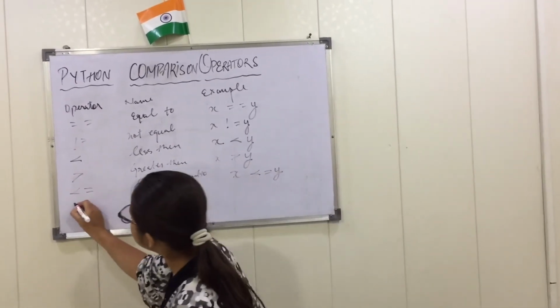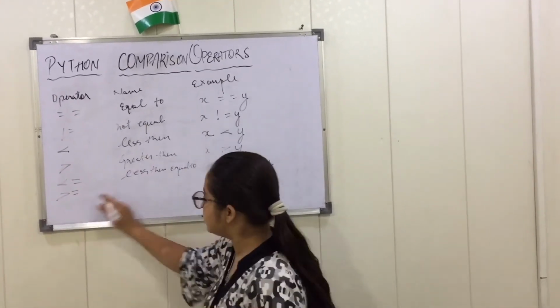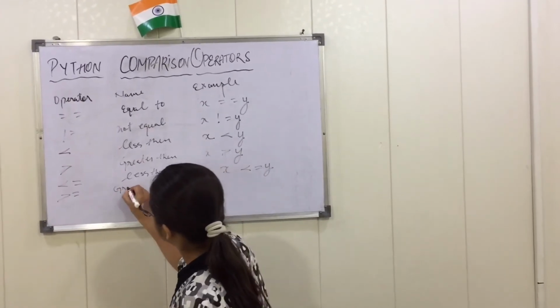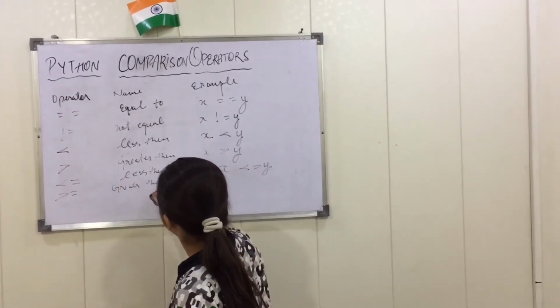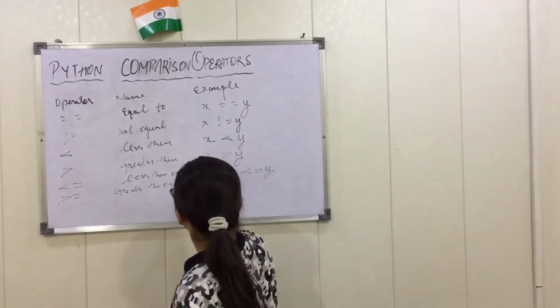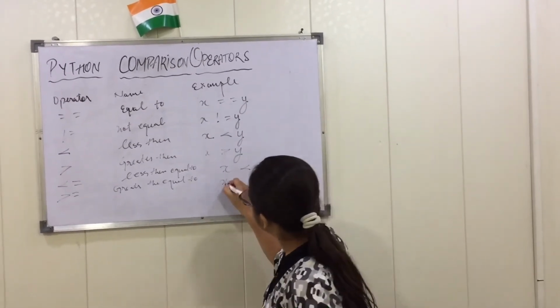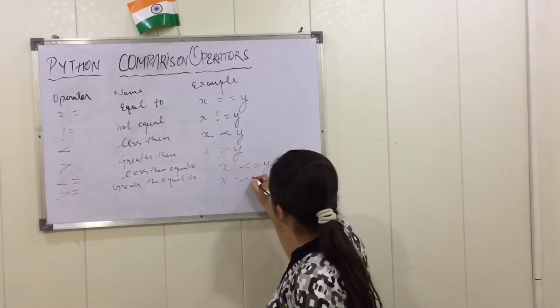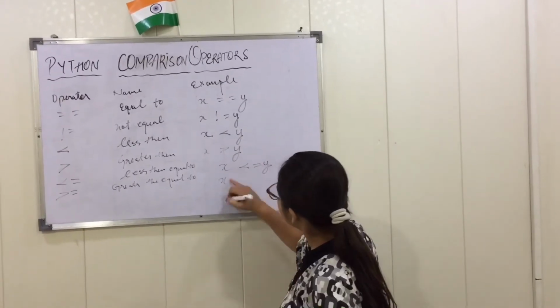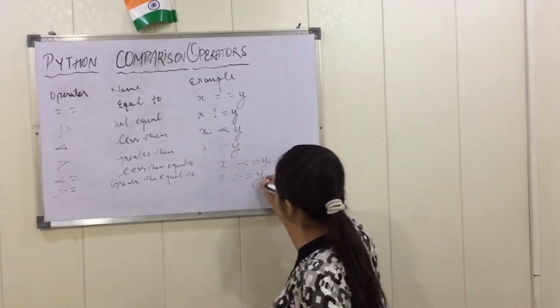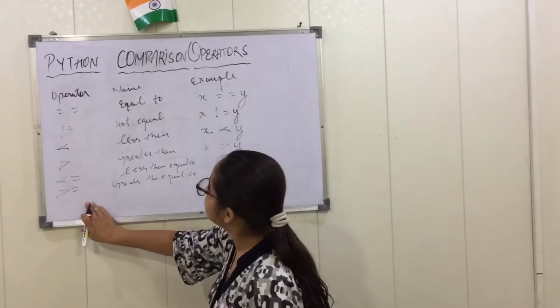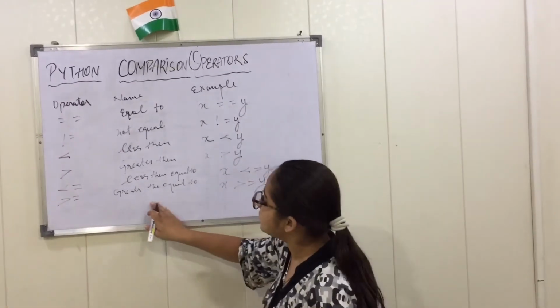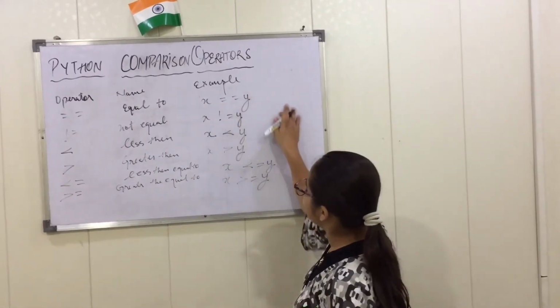The next is greater than or equal to, for example x is greater than or equal to the value of y. So these are the comparison operators, their names and examples.